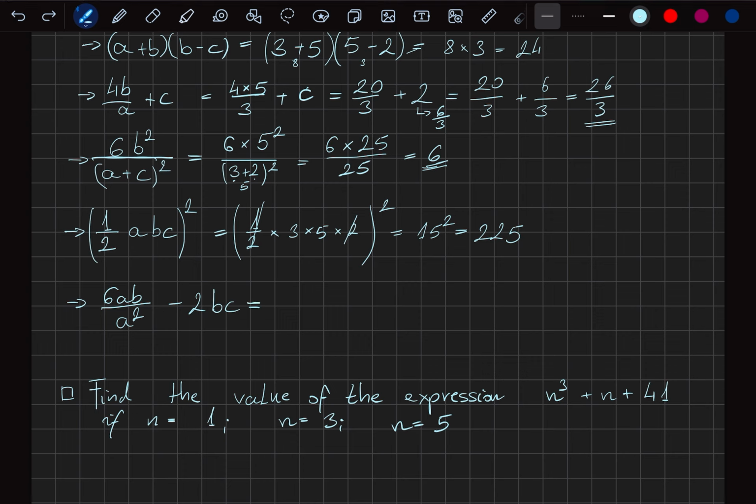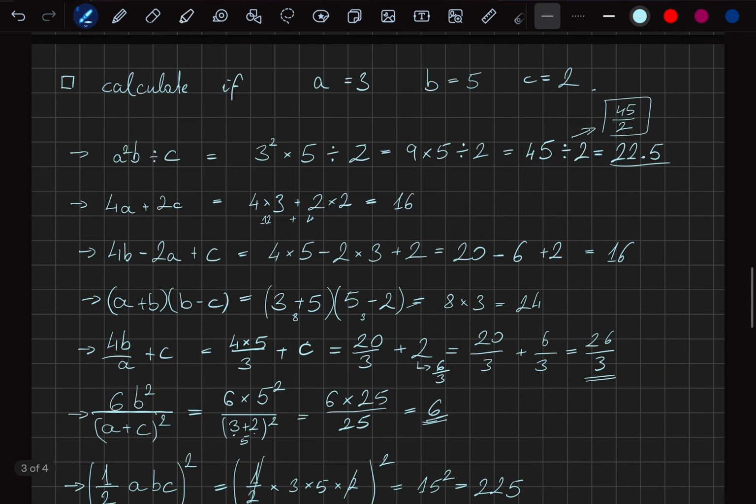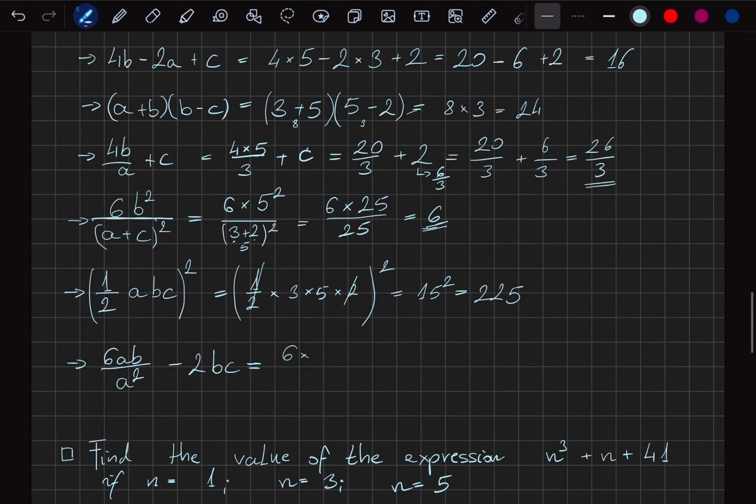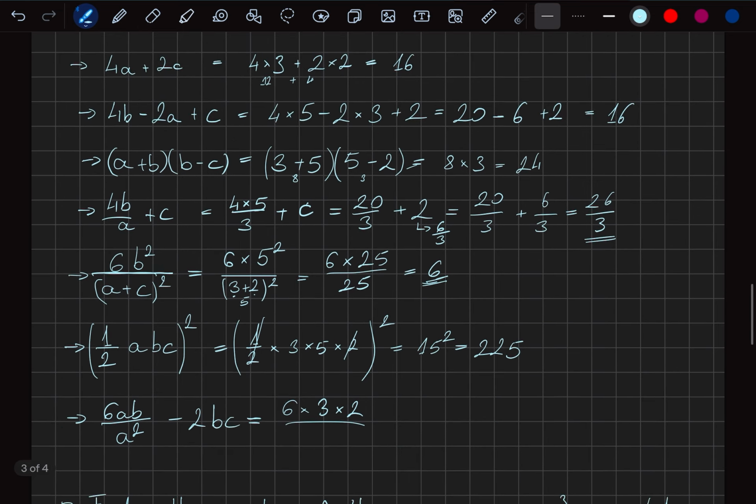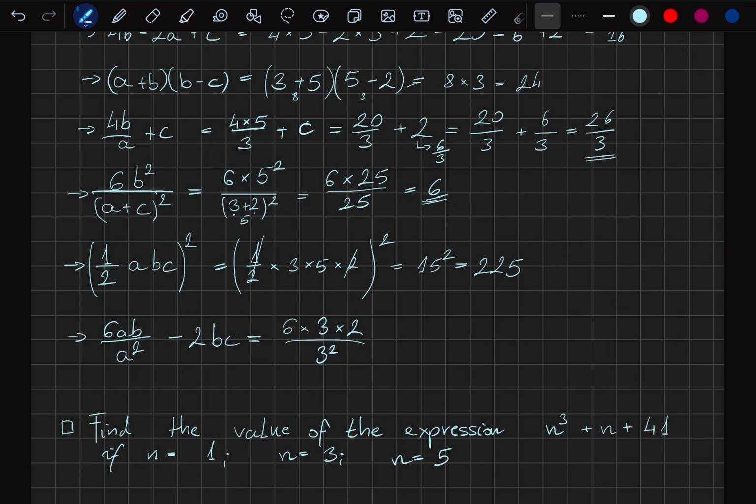Right. And fourth. So 6 times a times b divided by a squared minus 2bc. So 6 times 3, 2, yes. 3 times 2 divided by 3 square, sorry, minus 2 times 5 times 2.